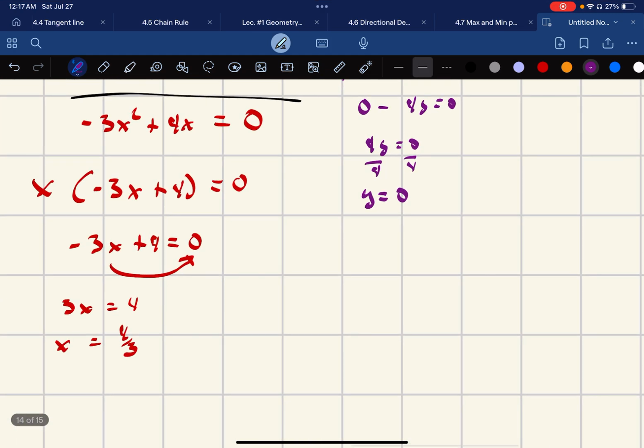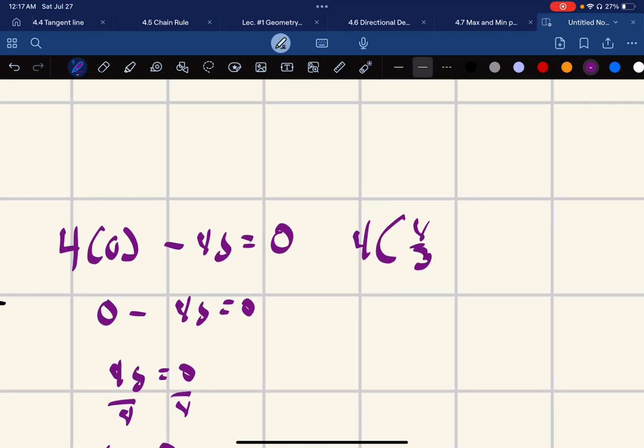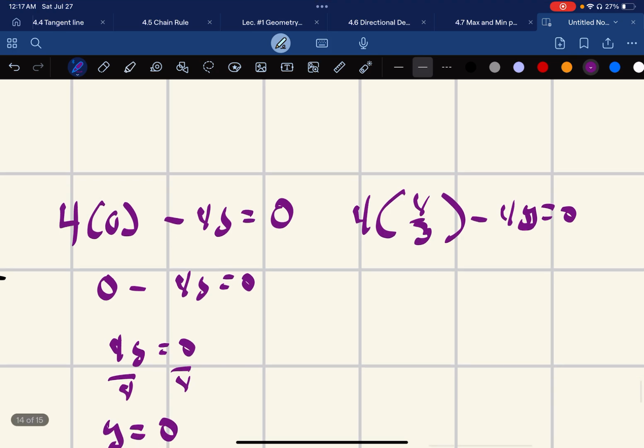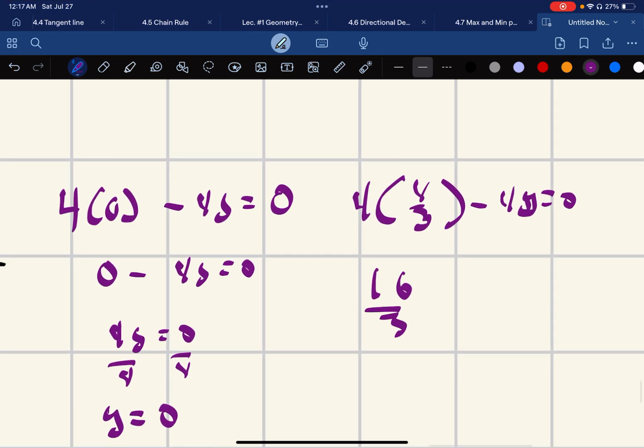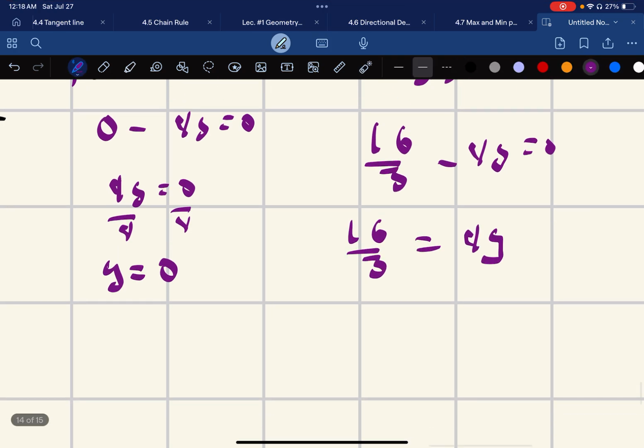Another one, we have another point, 4 thirds, right? So we have 4 times 4 thirds minus 4y equals 0, right? So that would just equal 16 thirds minus 4y equals 0. Make this positive, so we put it on the other side. So 16 thirds equals 4y.